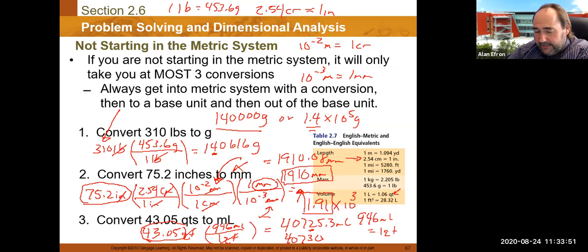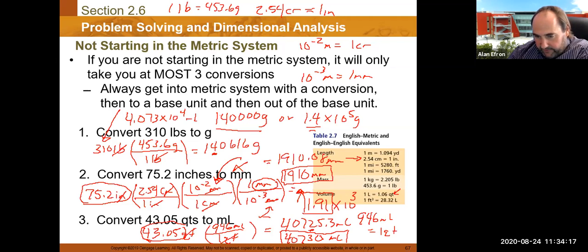We do need to keep the 0, but no decimal if we're not going to do scientific notation on it. If we did scientific notation, I'll write it up here, 4.07 and 3 times 10 to the 1234 milliliters. Any questions on that one?